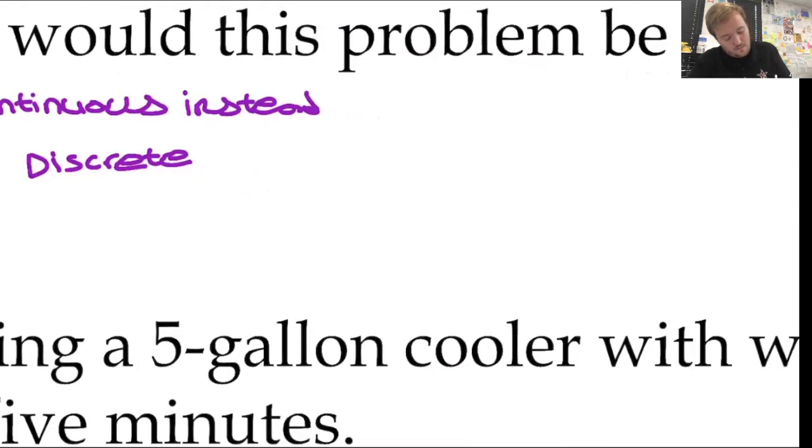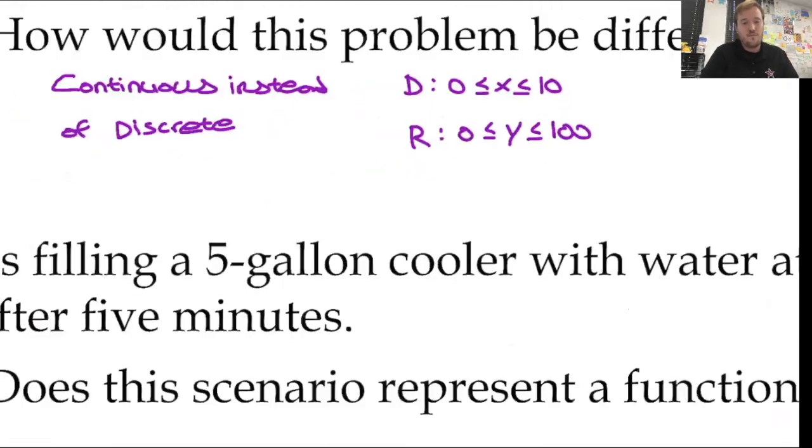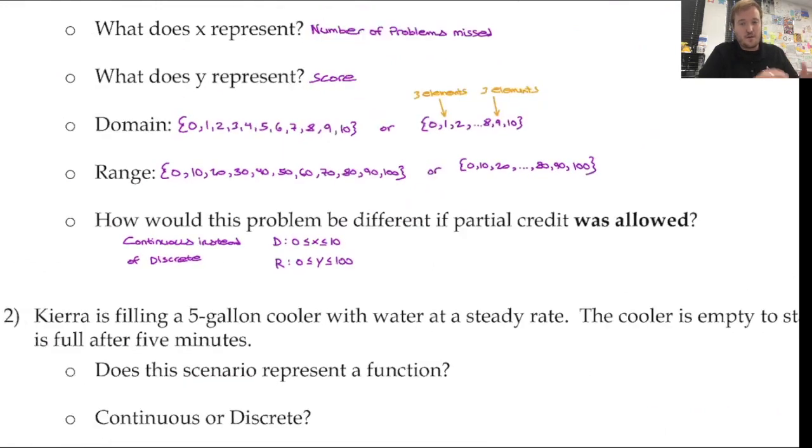Your domain would be from 0 to 10. When you miss, you can miss up to 10 questions. And then your range would be from 0 to 100. So it just changes the way that the problem is represented.